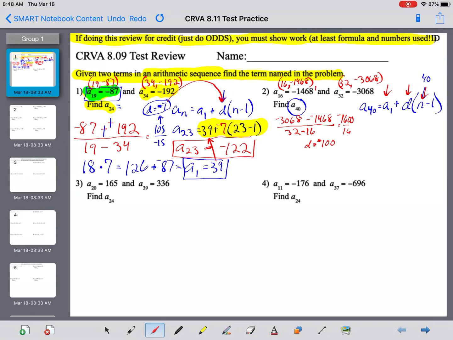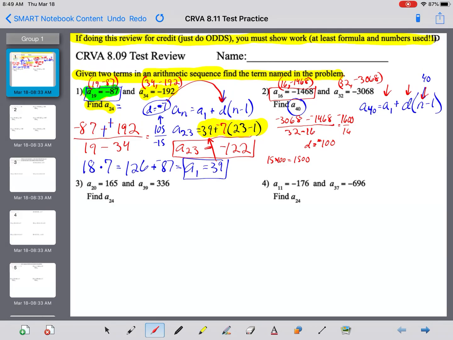So I know the value of the 16th term. To go backwards, I'd have to increase by 100, the constant rate, 15 times to get the value of the first term. So 15 times 100 equals 1500.